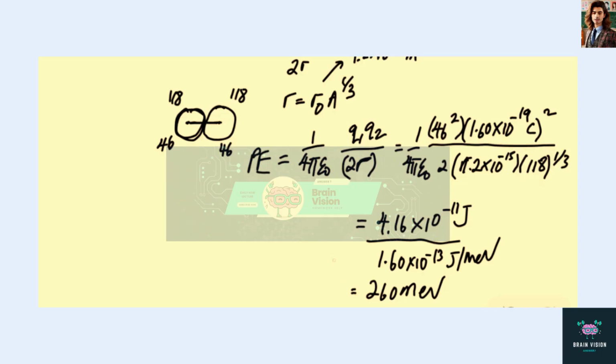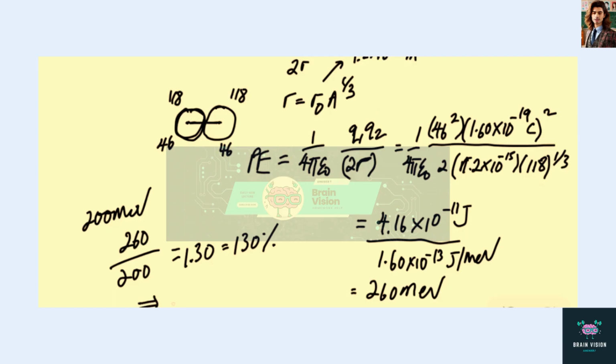From here we can compare with the fission energy, that is 200 MeV. So by taking 260 divided by 200, you get about 1.3, so that is about 130%.